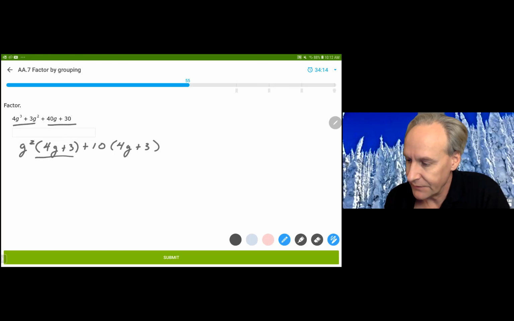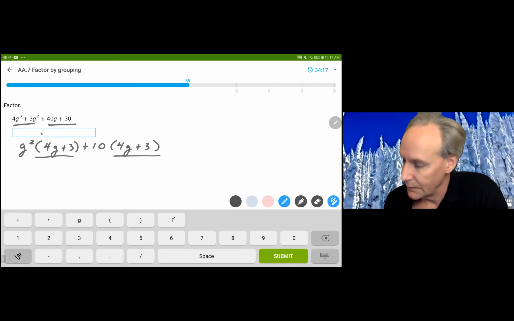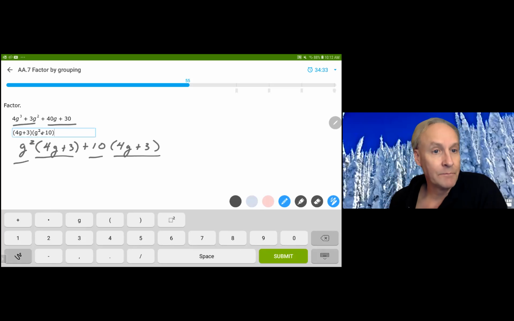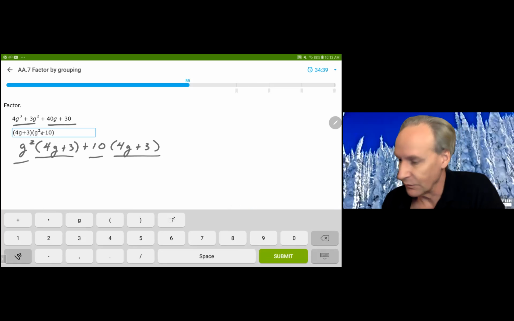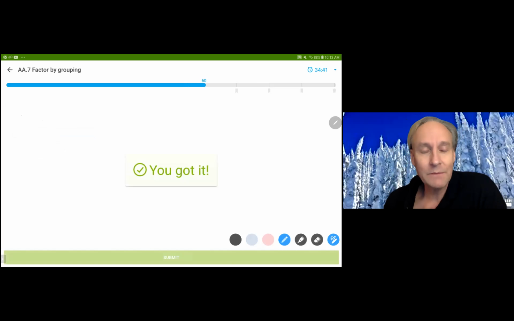And there's my common factor. 4g plus 3 is my common factor, and I'm left with a g squared plus 10. I keep looking to see if I can factor that second binomial. If it had been g squared minus 9 or some other difference of squares, then I could factor it some more. And that may happen soon.